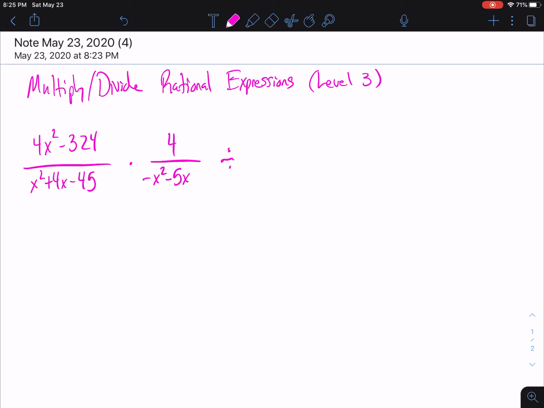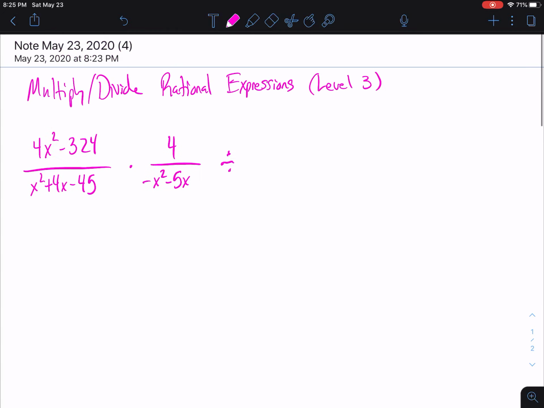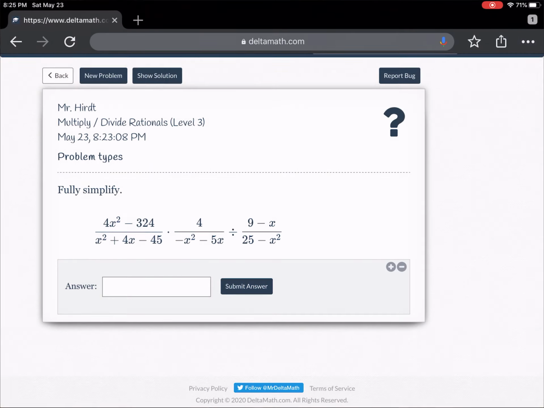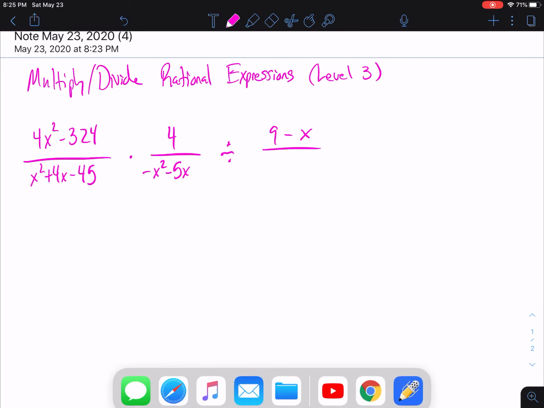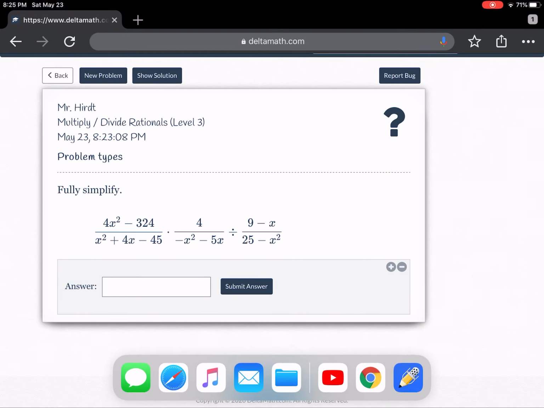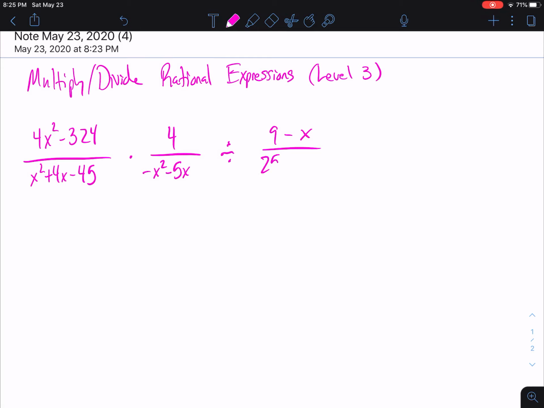And then we have division. And we had 9 minus x, and we had 25 minus x squared. Okay, so a lot of cool, fun things here, believe it or not.